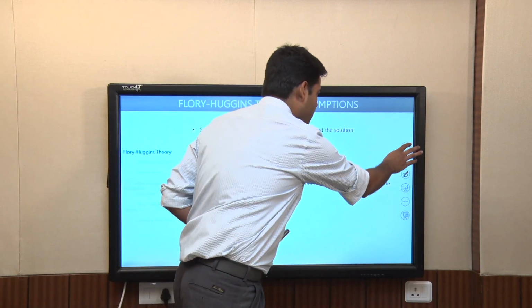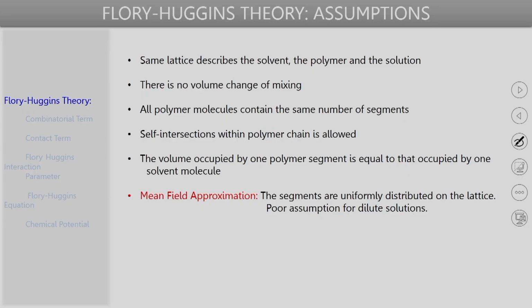Finally, one of the key assumptions and limitations of this theory is the mean field approximation, which we also discussed in the previous lecture. When a new segment or a new polymer chain is being added to the lattice, it is assumed that the already added polymer segments are uniformly distributed across the entire lattice.